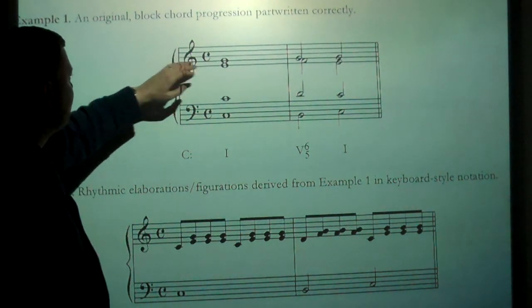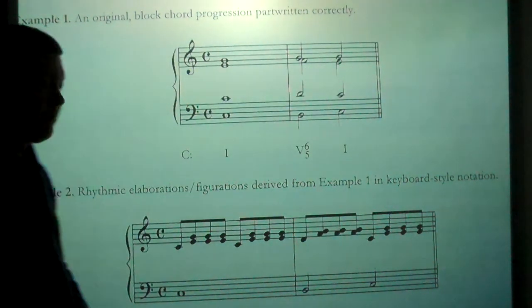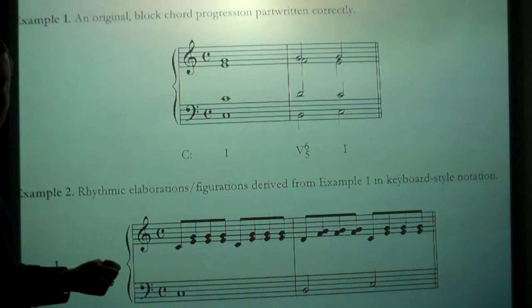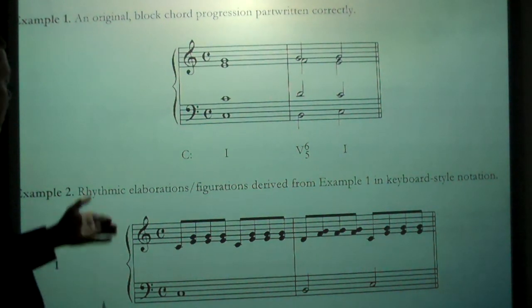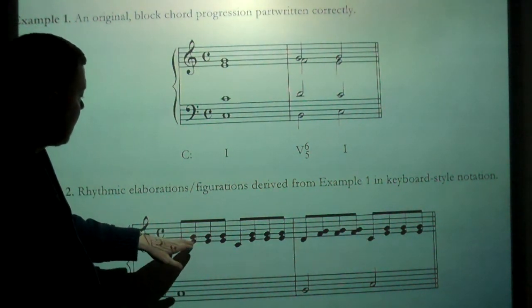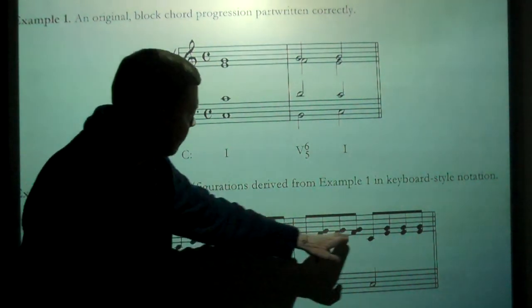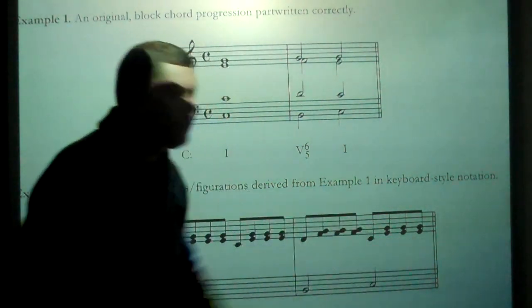Taking a look at the alto voice, we have E4, F4, and E4. We can find those exact same pitches, just rhythmically altered, in the rhythmic elaboration below. E4 is right here, F4 is right here, and then it goes back to E4 again.